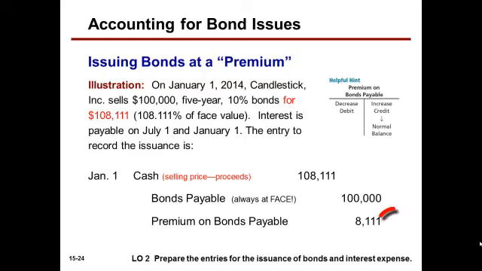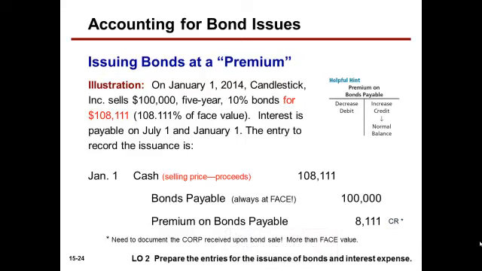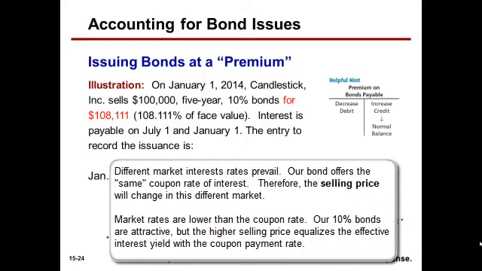Again, that Premium on Bonds Payable is a credit balance account. We need to document what the corporation received upon the bond sale. In this case, it was more than face value, $8,111 beyond face value.